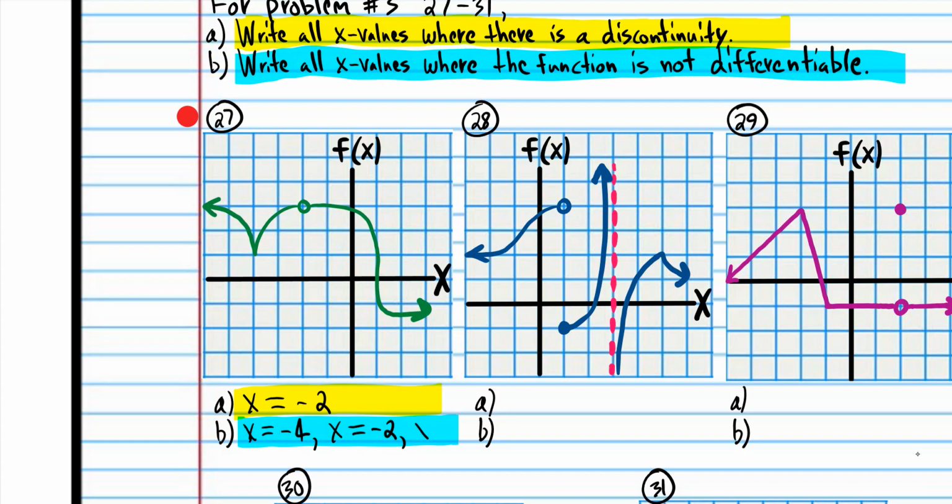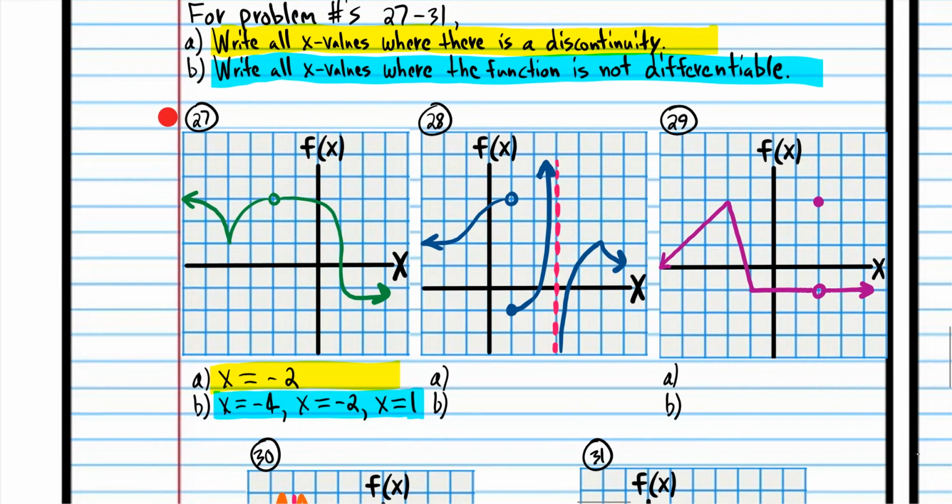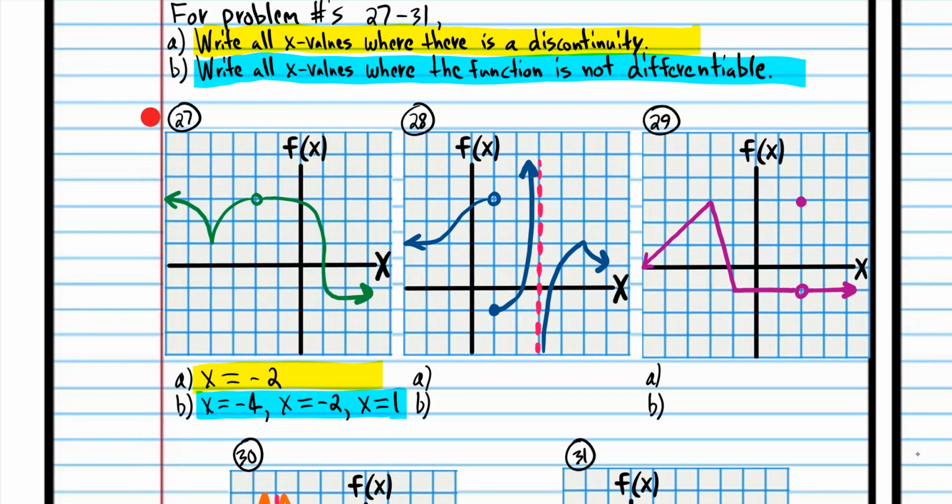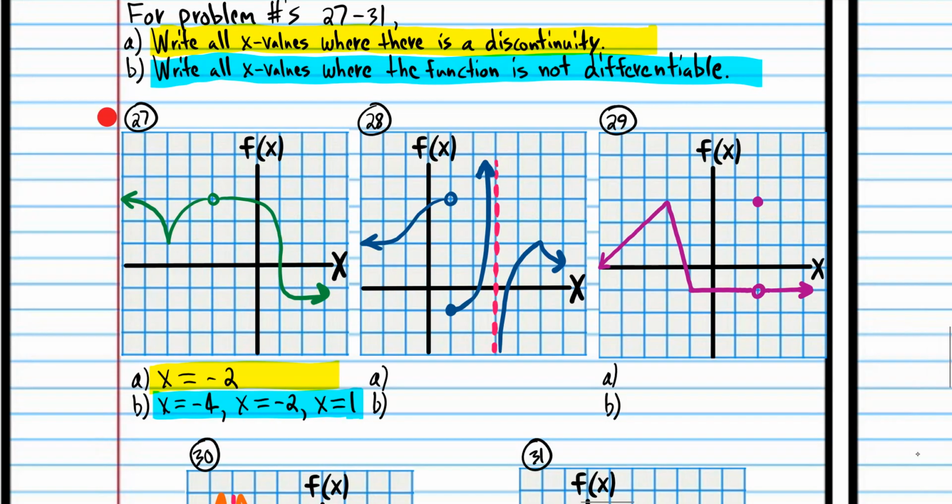So we're going to say at x equals 1, the function is not differentiable. Now, to be honest with you, that's kind of hard to see. It'd be hard to prove that without actually doing the algebra, but for these problems, we're just going to assume that the tangent line at this red point is vertical, the line tangent to the graph.